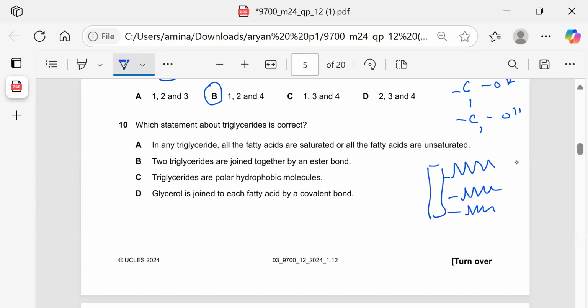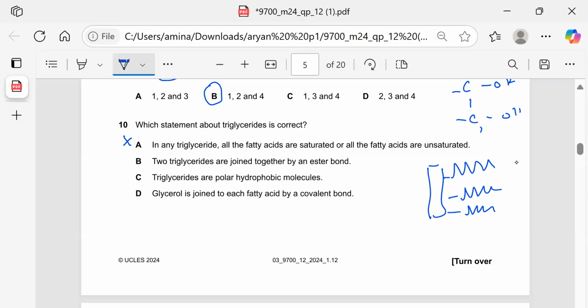So the statement that in any triglyceride, all the fatty acids are saturated or all fatty acids are unsaturated is wrong, because each chain is very independent. It can be saturated, it can be unsaturated. There is a possibility that all the 3 chains are saturated or all the 3 chains are unsaturated. So over here we have all the 4 possibilities with us. So we cannot stick with one of the possibilities.